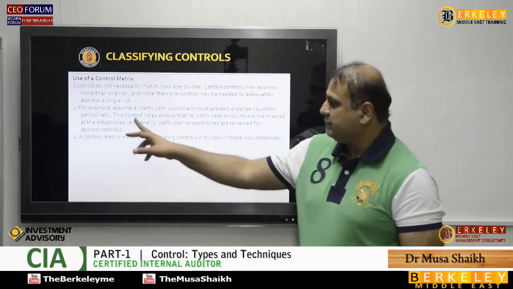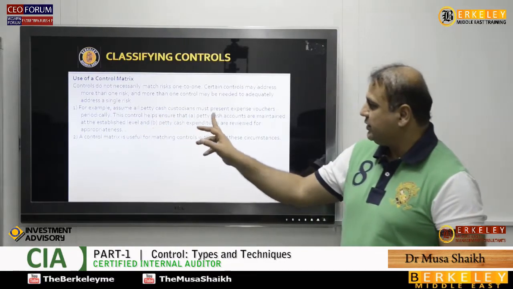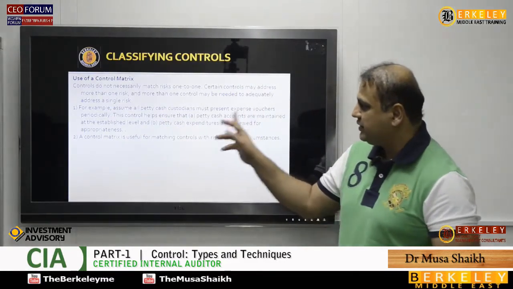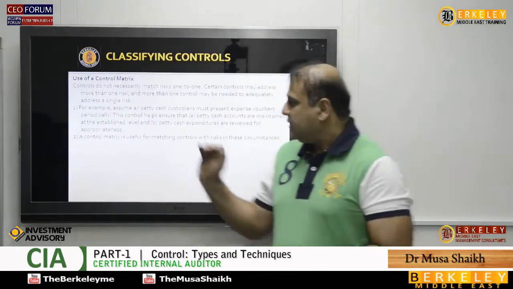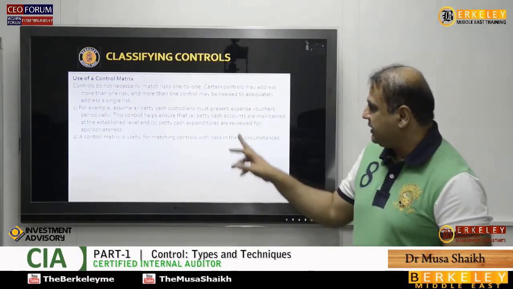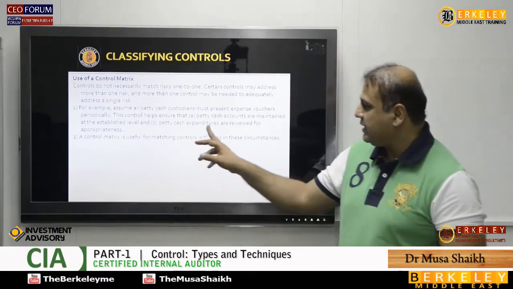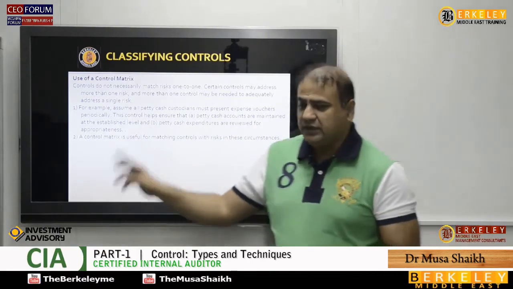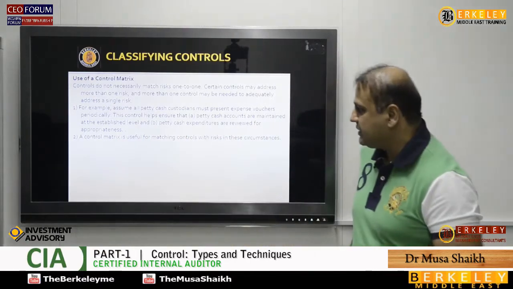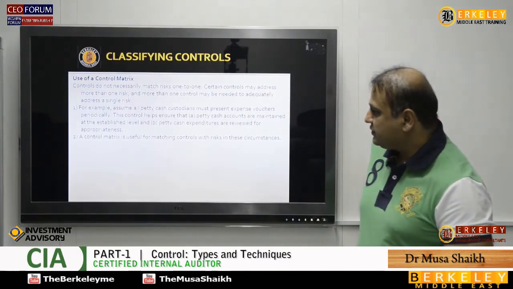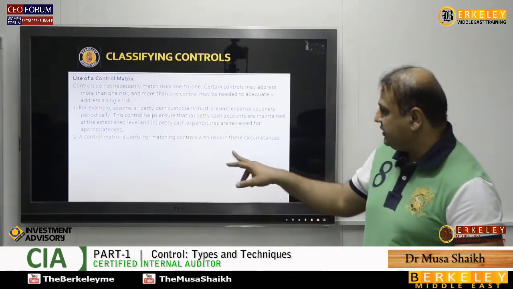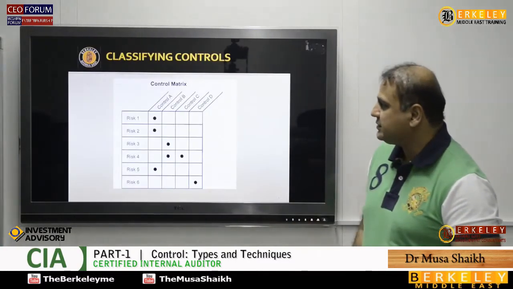He gives an example: all petty cash custodians must present expense vouchers periodically. This control helps ensure that petty cash accounts are maintained at the established level and petty cash expenditures are reviewed for appropriateness.